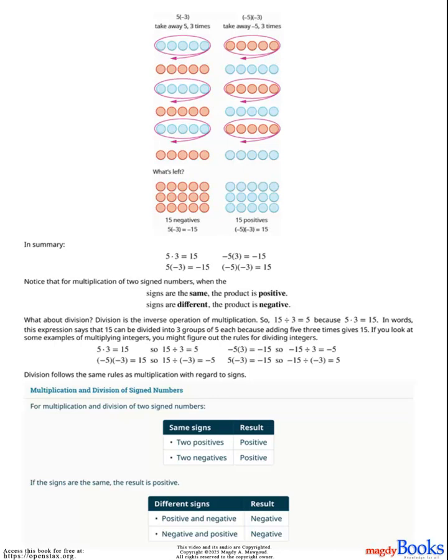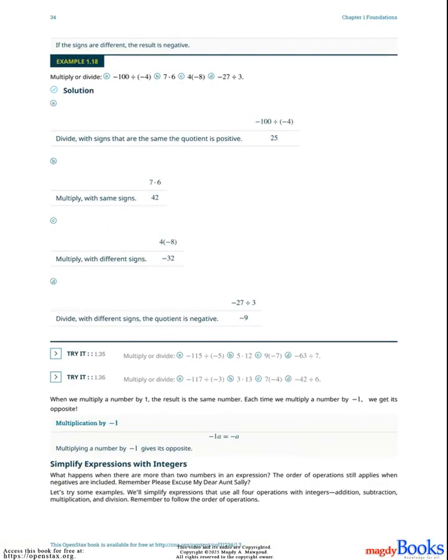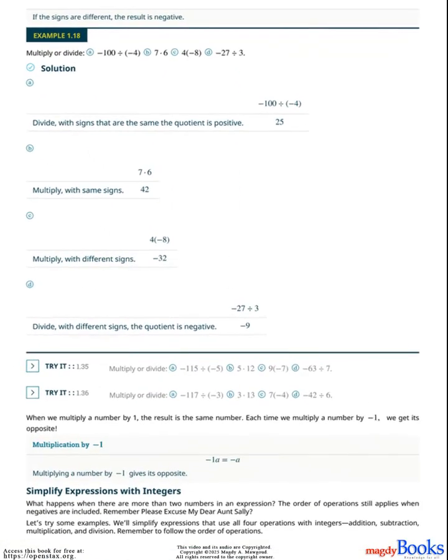If the signs are the same, the result is positive. Different signs: result, 1. Positive and negative, result negative. 2. Negative and positive, result negative. If the signs are different, the result is negative.